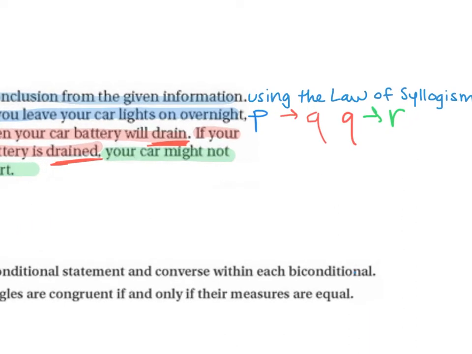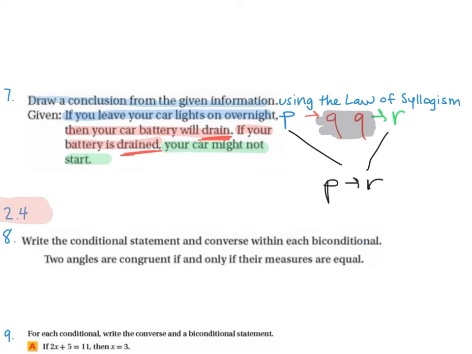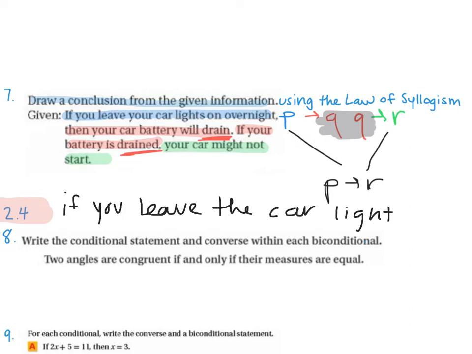So we can conclude that if P, then R. So what did we just say our P was? If you leave the car lights on overnight. So if you leave the car lights on overnight, then R, which we said was your car might not start.